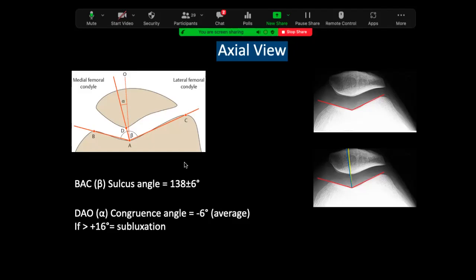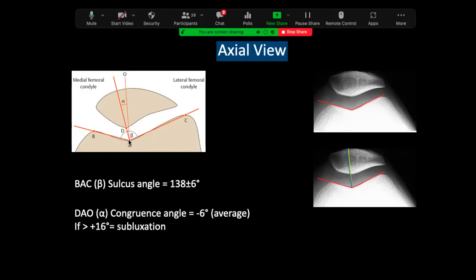Another is the congruence angle. This congruence angle also gives information about patellar tilt and patellar displacement. To draw the congruence angle, first one line is drawn. That line bisects this sulcus angle. That is AO.